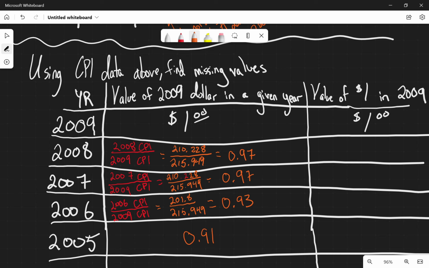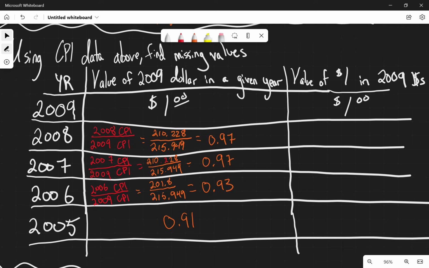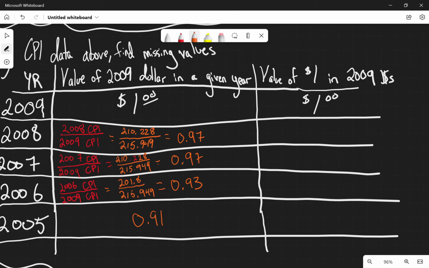Okay, so this is all well and good, but the second column is really the column that we're looking for. That's the column that we're going to use to deflate the cost of tuition in part 3. So this is the value of $1 in 2009 dollars. So this new unit is $2009.